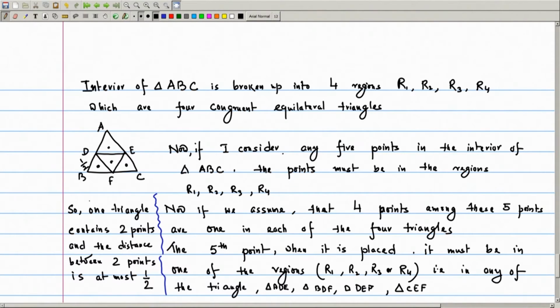So, the distance is half. So, we prove that there are always 2 points in the interior of equilateral triangle ABC whose distance is at most half.